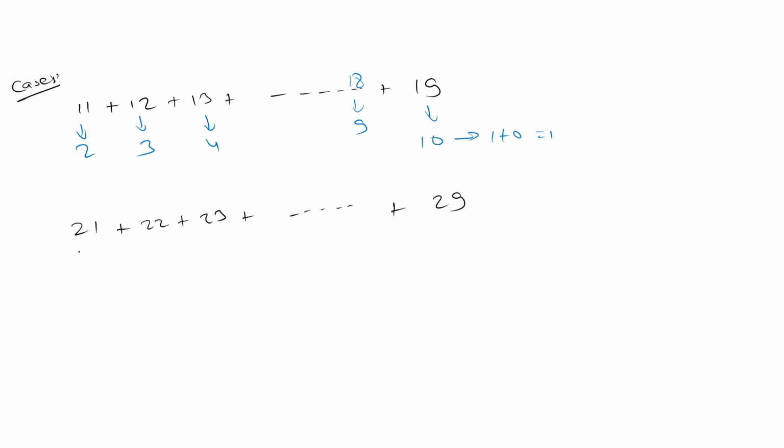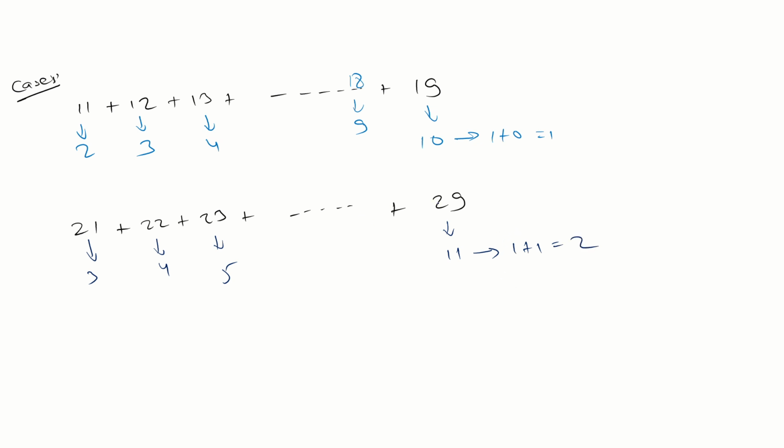So 2 plus 1 is 3, 2 plus 2 is 4, 2 plus 3 is 5. Guys, see here, 9, 10, 11. This is 11, so again we just sum up. 11 gives what? 1 plus 1, it gives a 2.